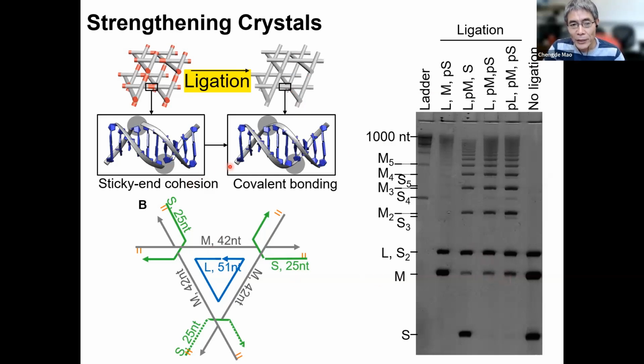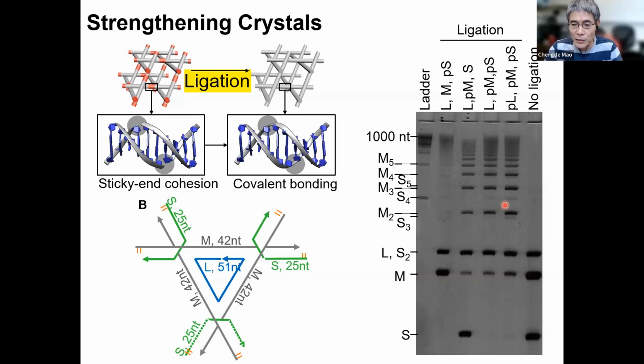Before we assemble the crystal, we made a further analysis. We looked at the ligation in solution. You can see the ligation is very efficient. For example, this lane is completely without ligation. We try to ligate this molecule, and this band completely disappeared. Instead, a series of upper bands of ligated products is generated.